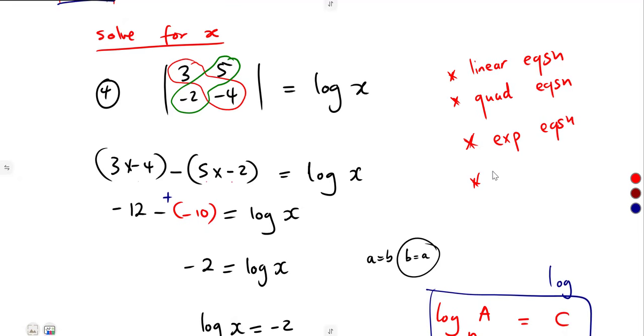Sometimes it is even a logarithmic equation that you're given. So it does not end there. Remember, we also have trigonometric equations. Once you're given a tan of this or a cos of this, we are back to a trigonometric equation.